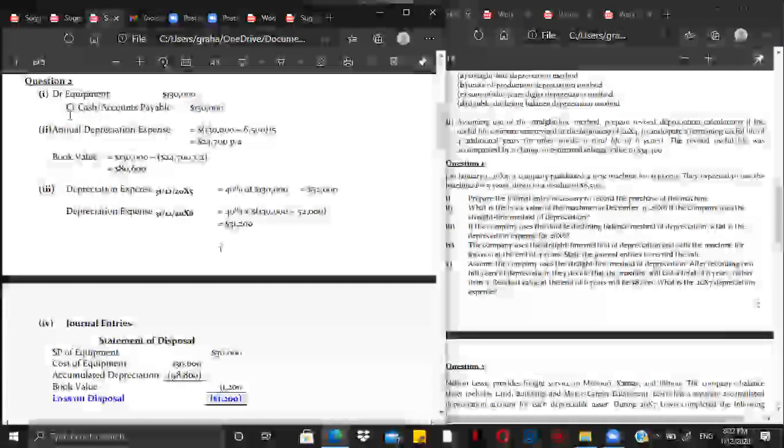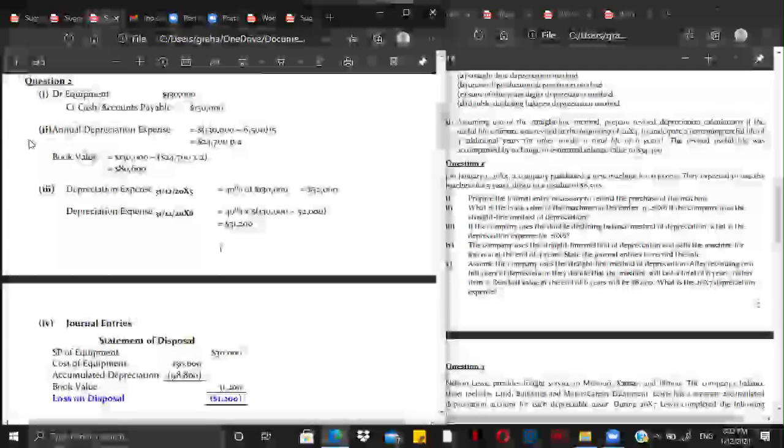And then you would multiply the 40% by the $216,000 to get the annual depreciation, which would be $86,400.